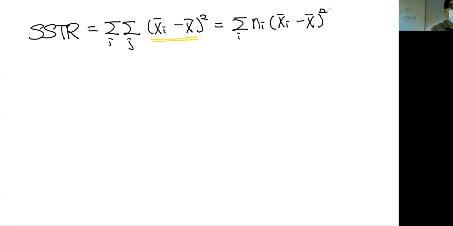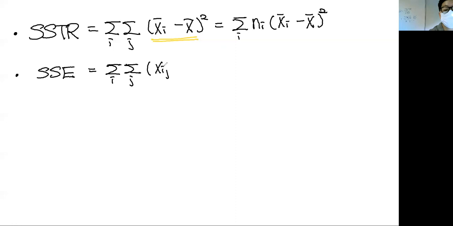right? And today we have the SSE, which is another double summation over i and j. Actually, it is the within, so each observation minus each sample mean, squared. So please focus on the summation over j.